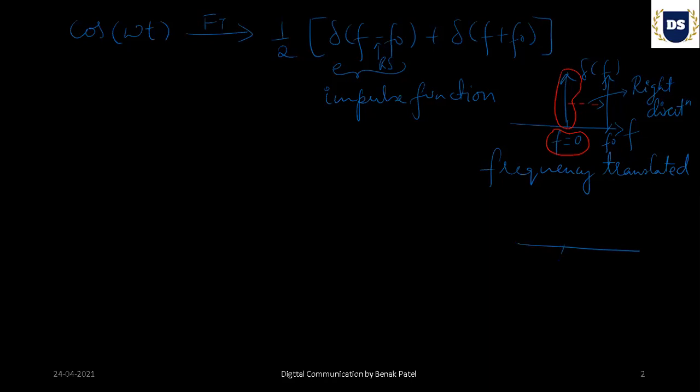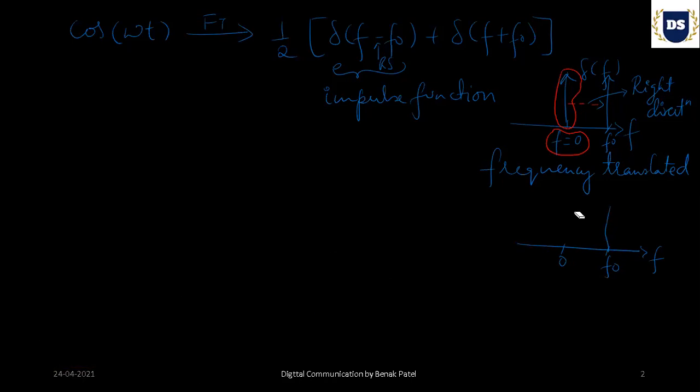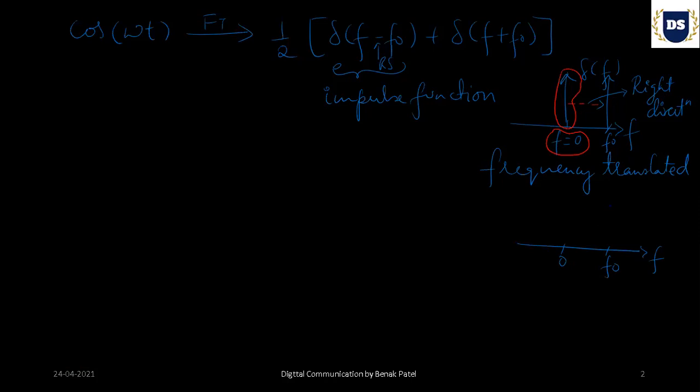Let's say this is frequency value equal to 0 and this is some frequency value equal to f naught. So this is where my impulse is defined. So this is delta f minus f naught.